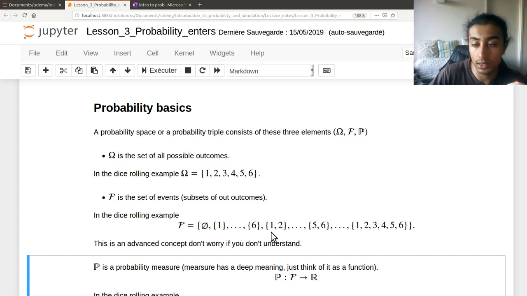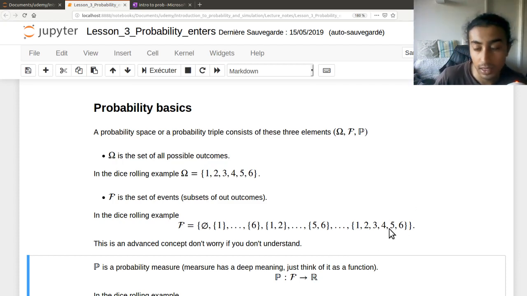Or you could have three things going on. You could have 1, 2, 3, or 2, 3, 4, and also you could have the sample space here. So the sample space is within this F.